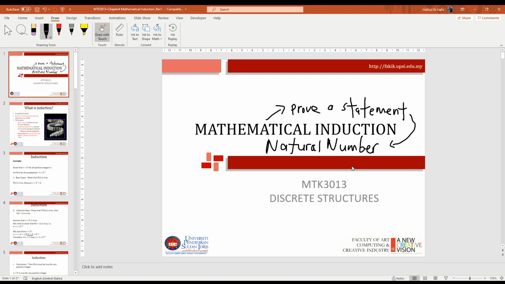And then step 2, it proves that if the statement is true for the n iteration or a number n, that is also true for n plus 1 iteration. This one is for natural number and also for the iteration.